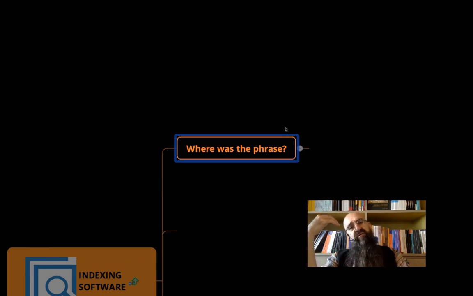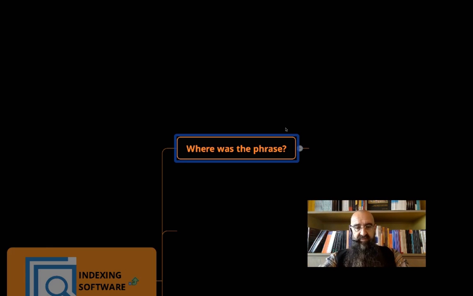So if we use the filing system that I have recommended to you, it's going to be very easy for you to find books, because you'll be able to search for authors, you'll be able to search for years, you'll be able to search for phrases in the title, whether it's the title of a journal or the title of a book.